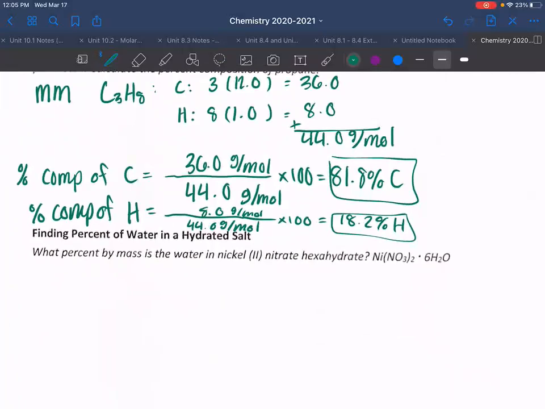It's just weirder. So we're going to figure out the percent of mass of water in what's called a hydrate. If you guys remember, we talked about ionic compounds, nickel nitrate, Ni(NO3)2. Nickel nitrate is an ionic compound, which means its structure is a crystal lattice, which looks something like this.